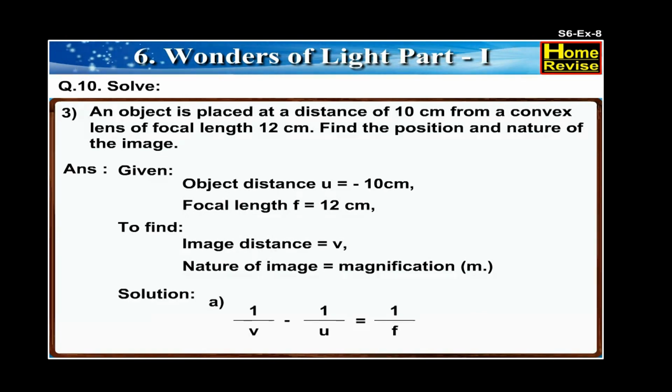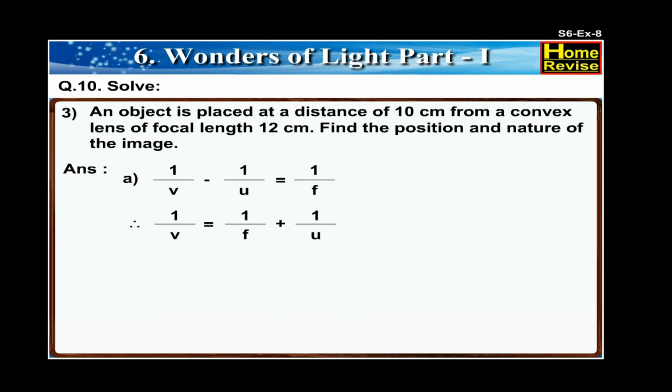First, 1 upon V minus 1 upon U is equal to 1 upon F. Therefore, 1 upon V is equal to 1 upon F plus 1 upon U. Substituting the values, 1 upon V is equal to 1 upon 12 plus 1 upon minus 10.